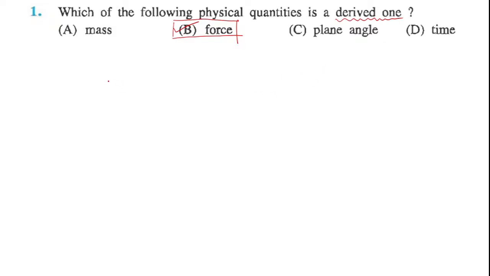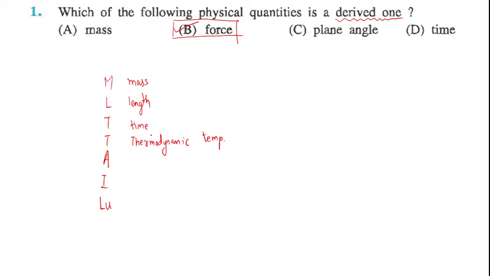Now, I'm pretty sure you all remember M, L, T, T, A, E, L. This M stands for mass, that's what we made clear earlier. L stands for length. T stands for time. Another T stands for thermodynamic temperature.